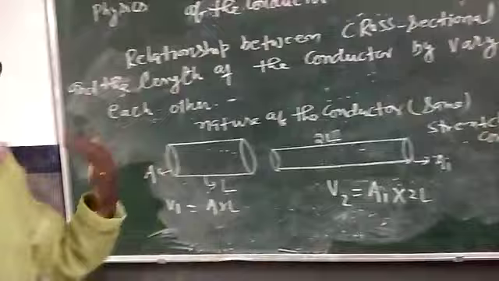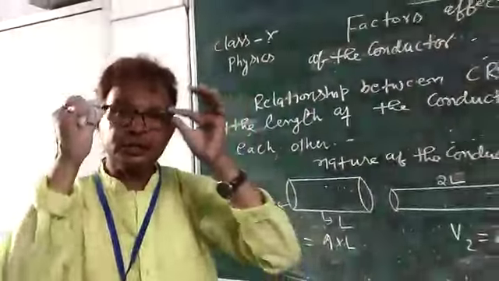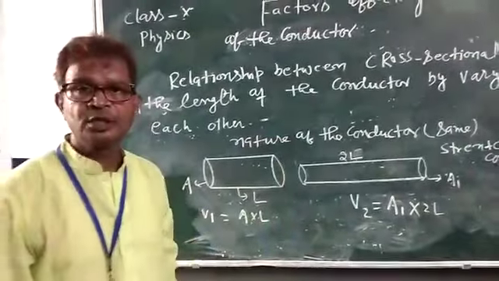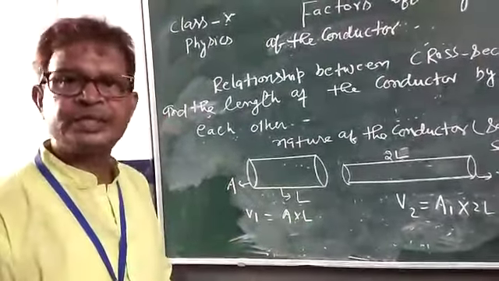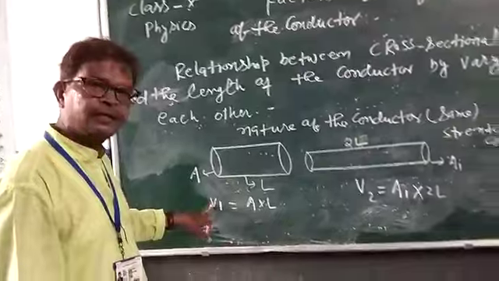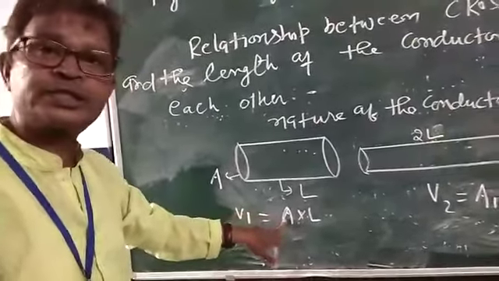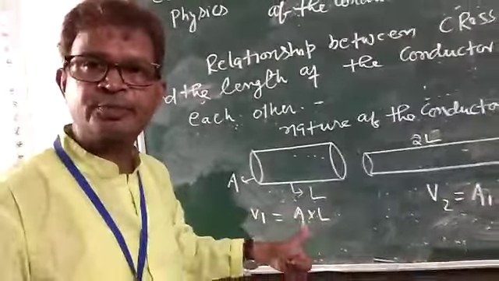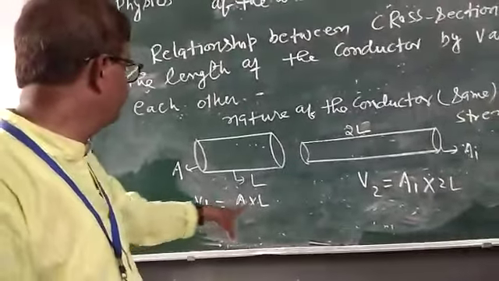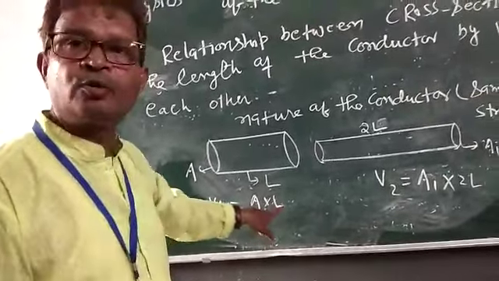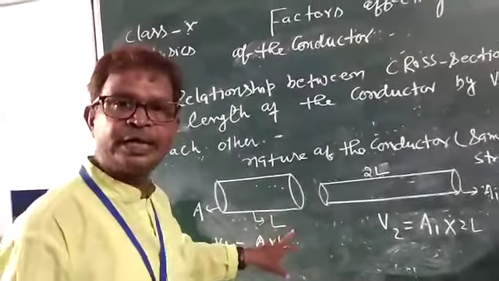As we know, when we recast a substance from one form to another, the volume will not be changed. Let us understand the volume of the first one. V is equal to cross-sectional area into length. It's a formula. So V1 will be equal to A into L, cross-sectional area into length.